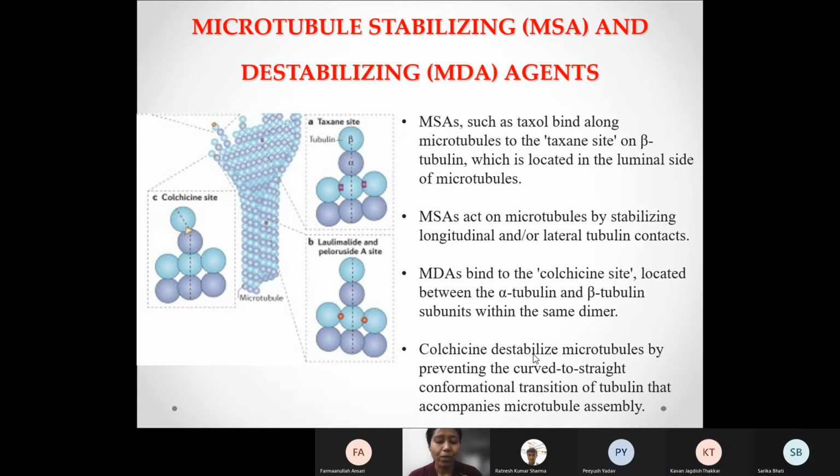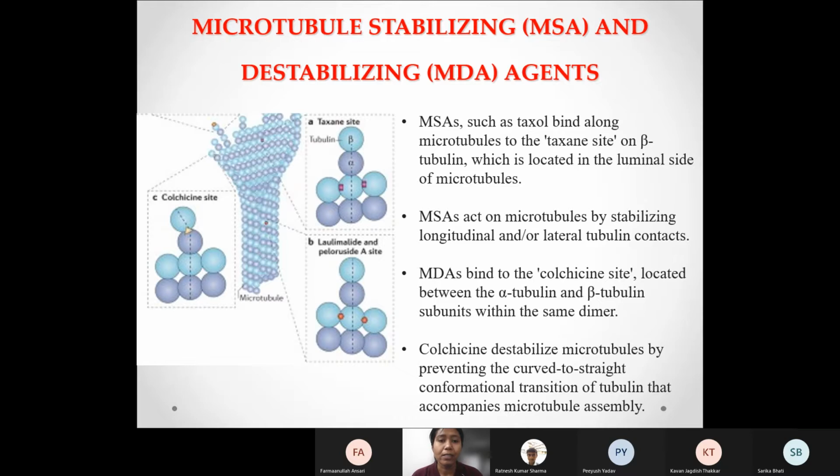So there are some organic molecules which are known to bind to tubulins, and which can either promote its polymerized conformation or promote depolymerization.